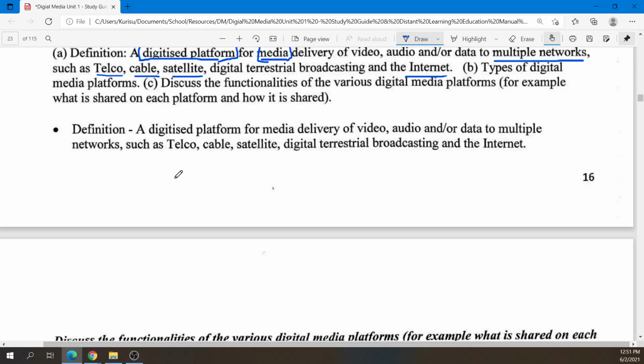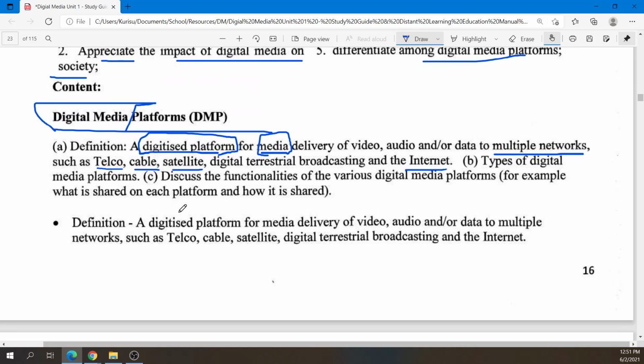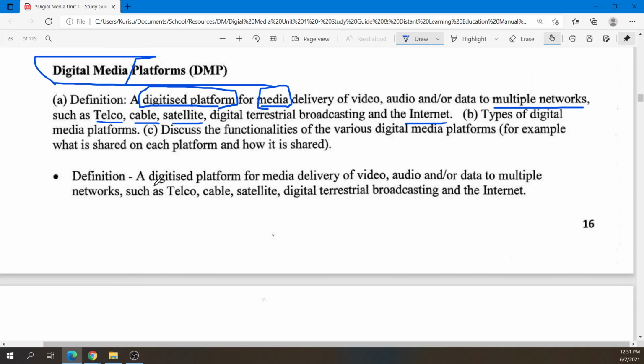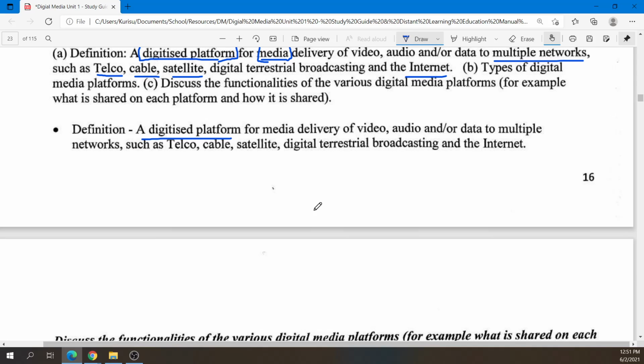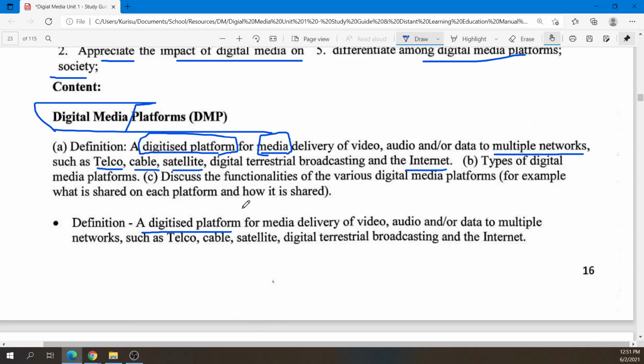A digital media platform is basically a digitized platform that is used to share the digital media, the content that would be posted on that platform. So with this definition in mind, can you guys make a guess as to what are some digital media platforms you can think of?